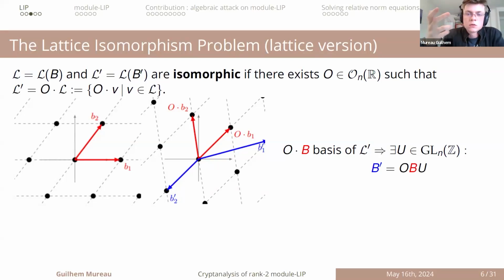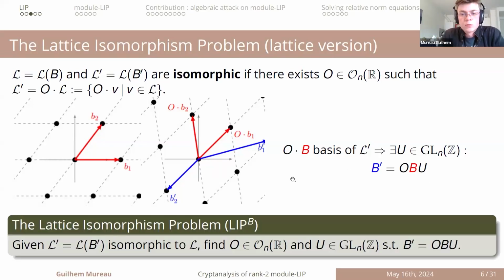Then what you get is the rotated lattice, and in general, you don't know the image of the basis, but you know another basis of the rotated lattice, say B', given by b1' and b2'. We get a relation between B and B', since OB is a basis of L' and by the previous characterization, there exists a unimodular matrix such that B' is equal to OBU.